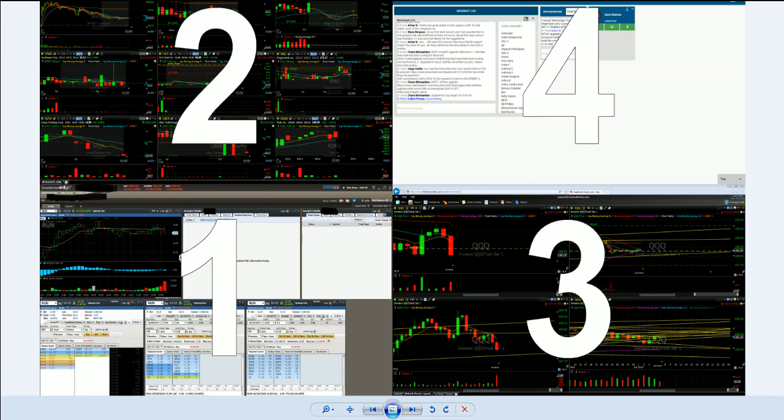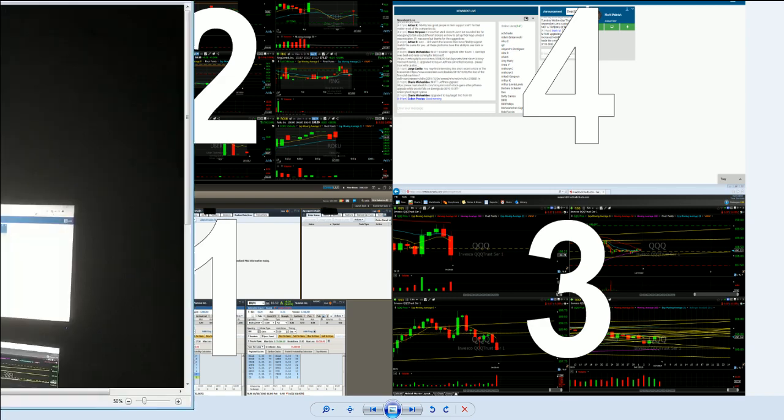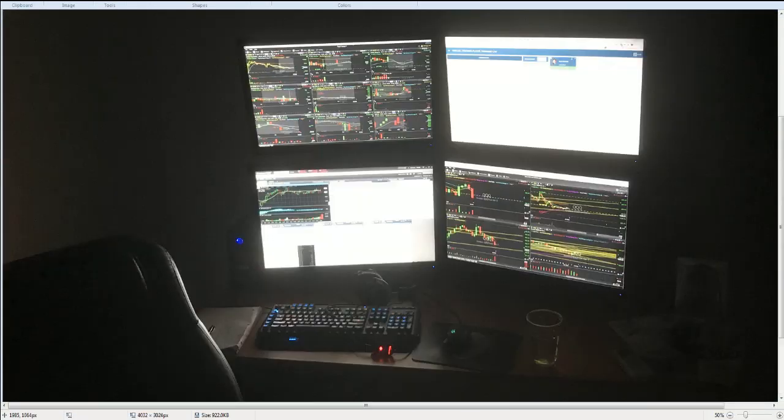And of course, this is visually if you were standing at the end of my room where I trade here, my little soundproof office space. As you can see right here, I have a G910 keyboard.